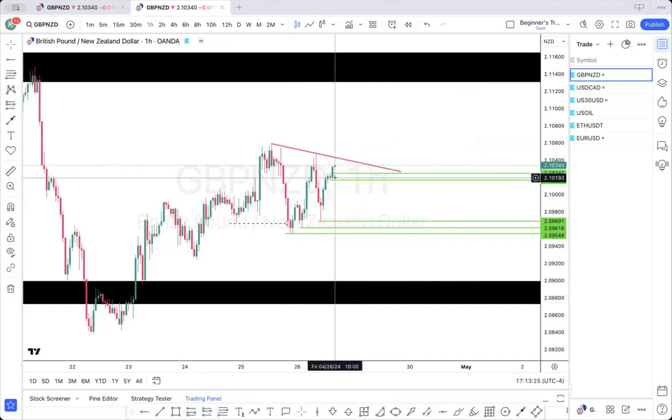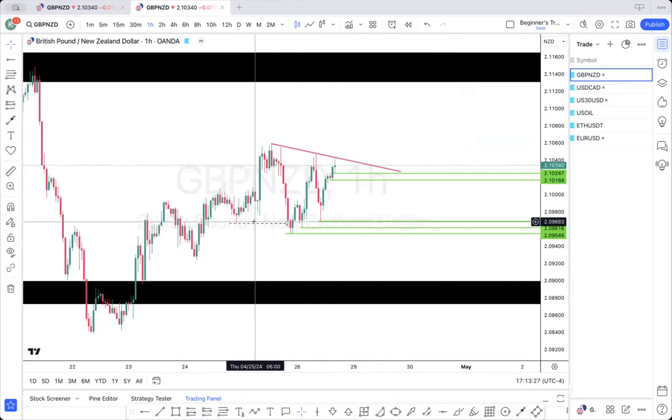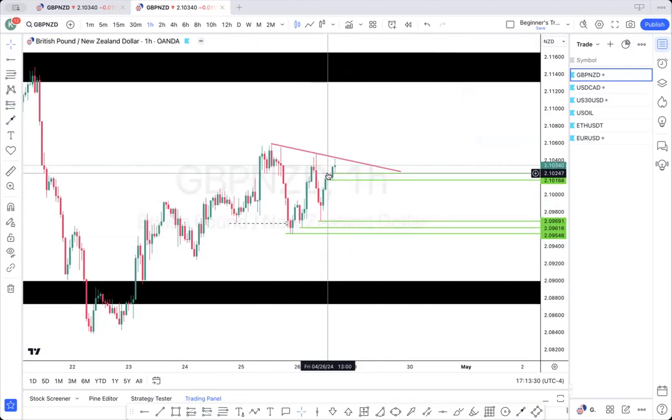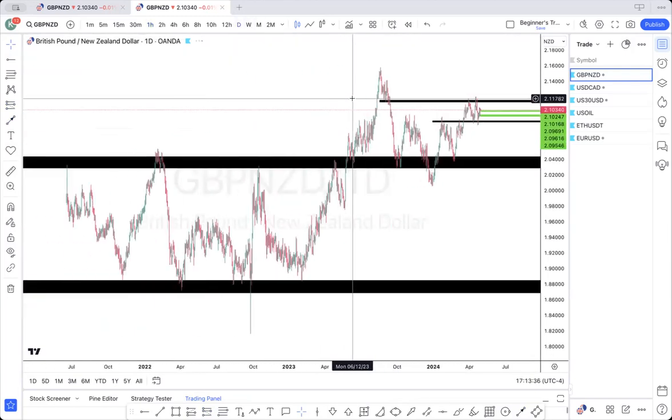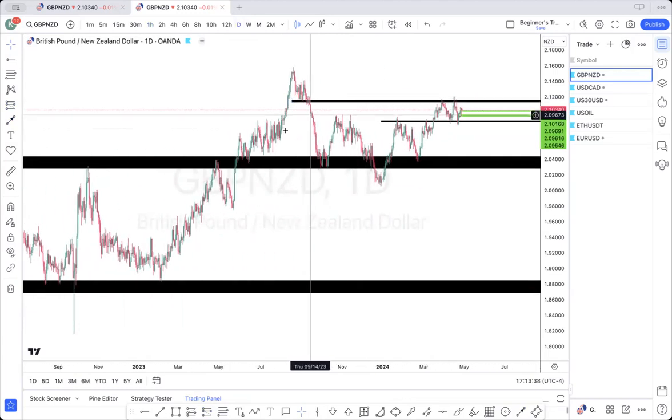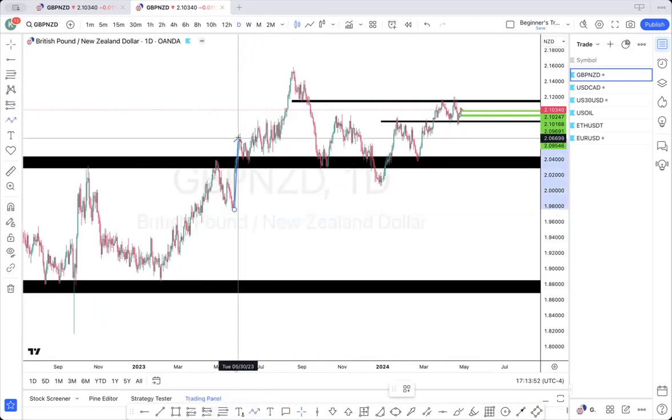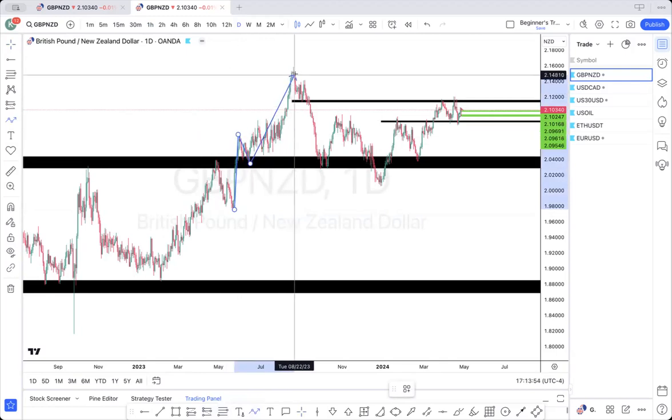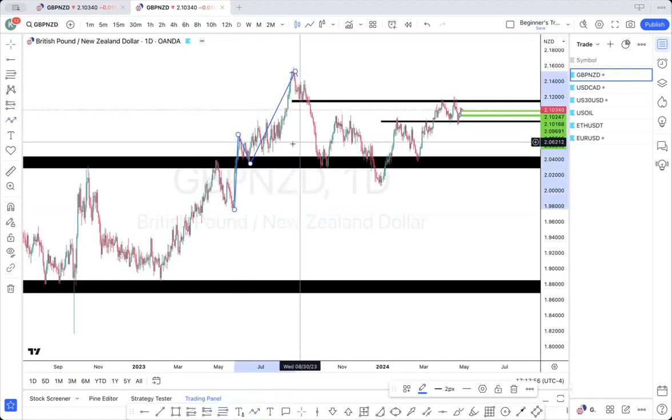Okay, so once price broke here, let's look at the overall bigger picture. If we look at market structure on the bigger picture, we have here, here, and then this is just a whole push right there.